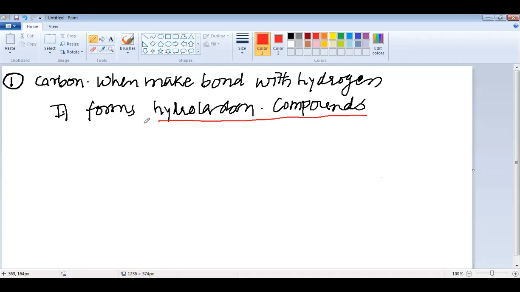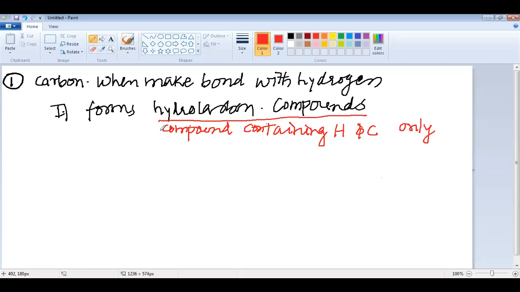The meaning of hydrocarbon compound is a compound containing only hydrogen and carbon. Compound containing hydrogen and carbon only.